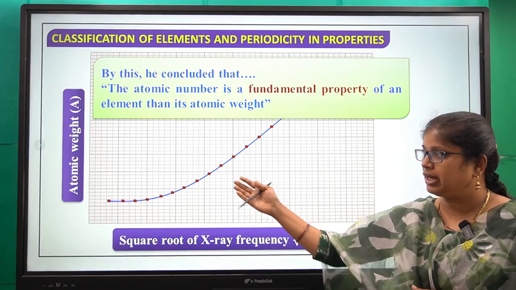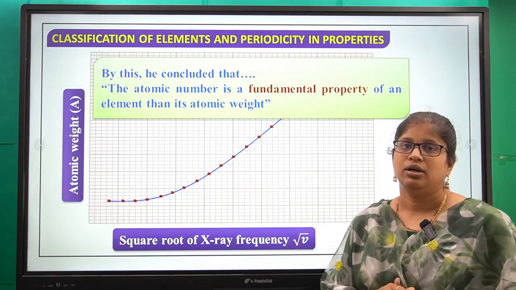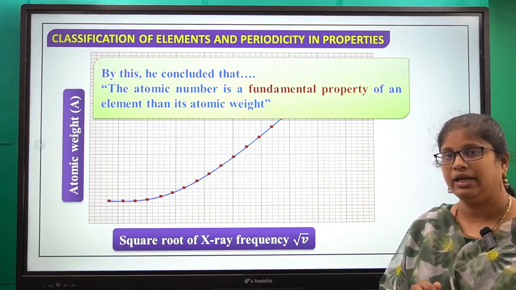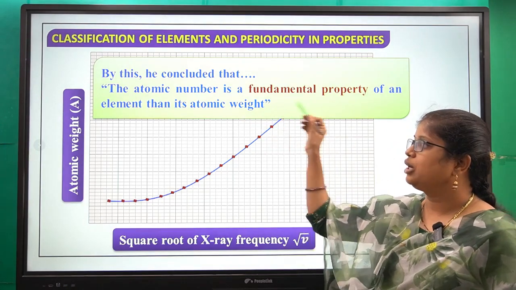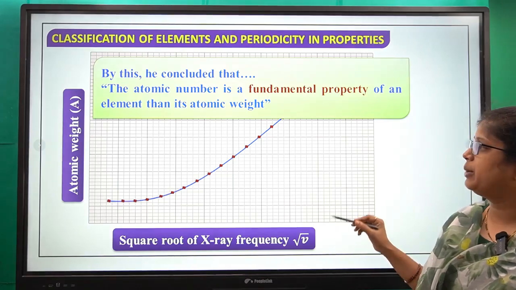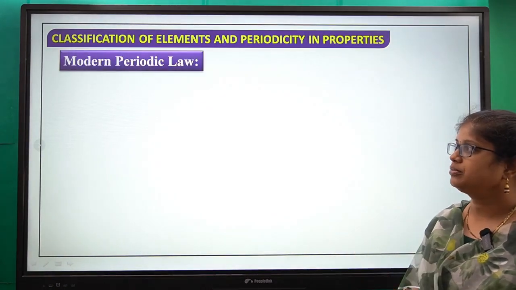Why? Because when he took atomic weight into consideration, there is no regular pattern in the properties, but when he took atomic number into consideration, he got a straight line. So atomic number is a more fundamental property of an element than its atomic weight.